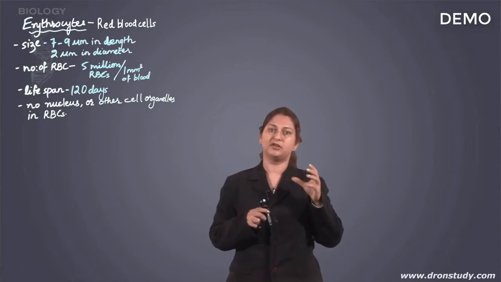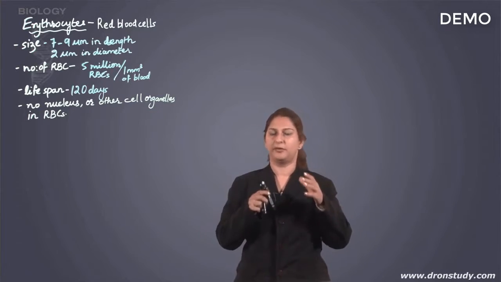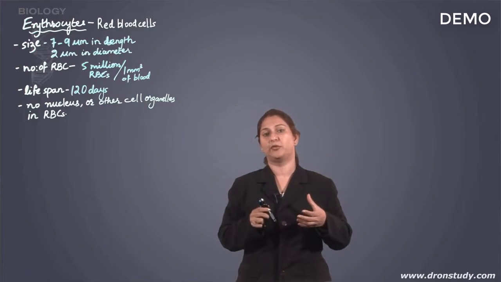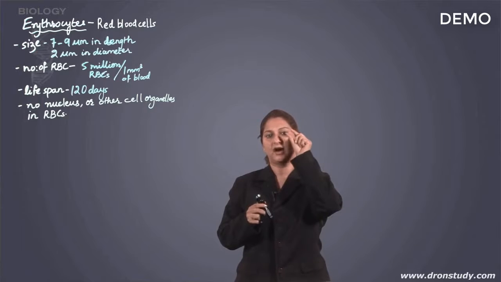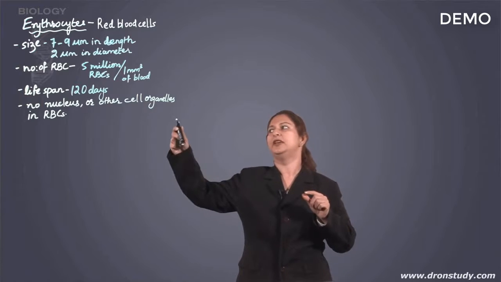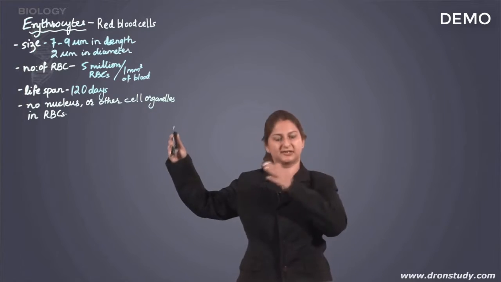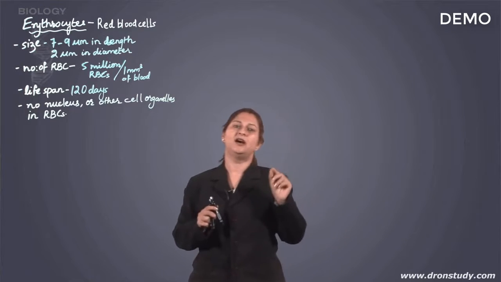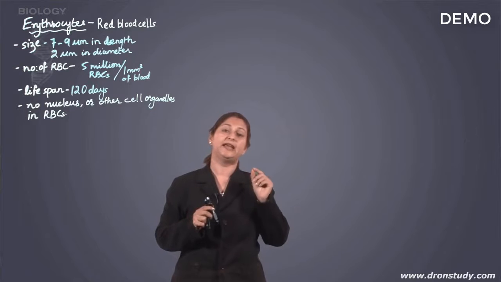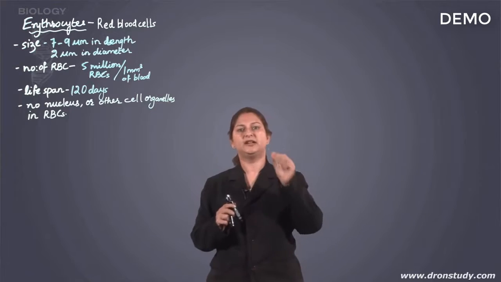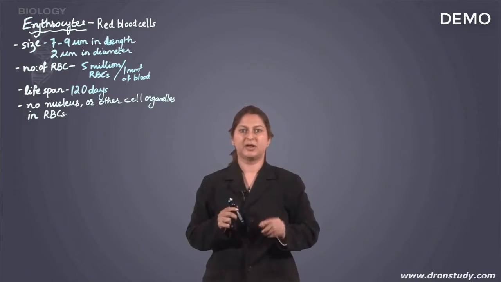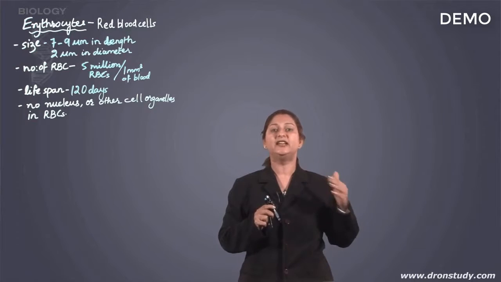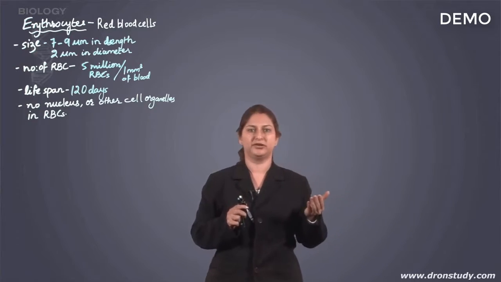Because it requires loading as much hemoglobin as possible in one single RBC, nature has programmed it in such a way that when an erythrocyte is born, it has a nucleus. As it matures, it becomes enucleated, or devoid of nucleus.